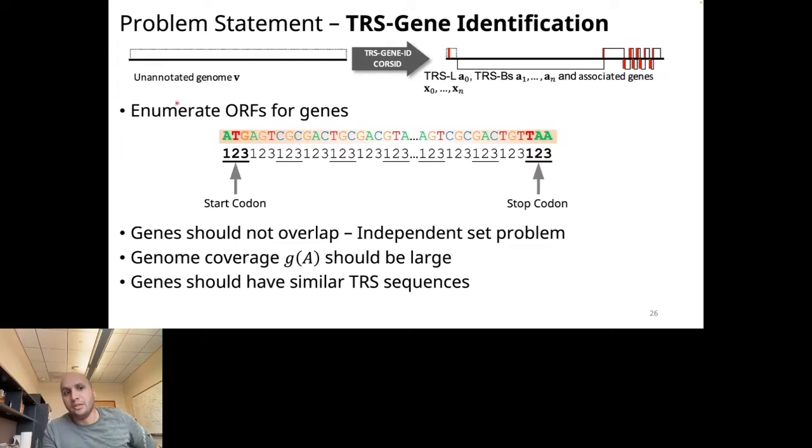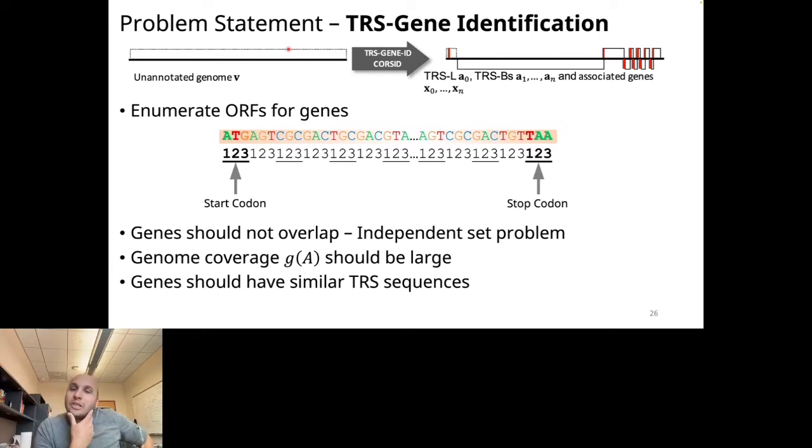So given a genome sequence, you can enumerate all possible ORFs. ORFs stand for open reading frames. These are candidate genes. These are intervals where the first 3 nucleotides are ATG, and the first stop codon that you hit corresponds to the last 3 nucleotides of that interval.